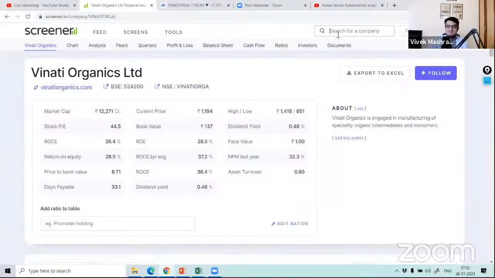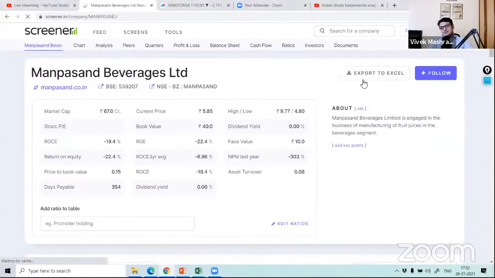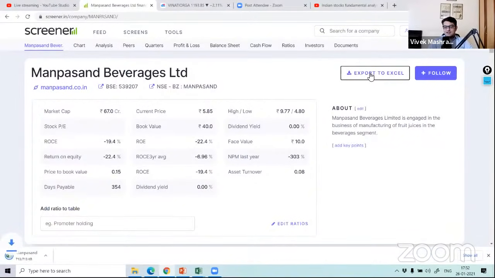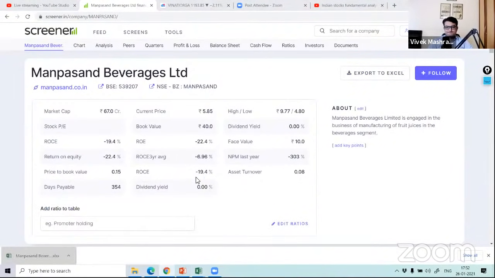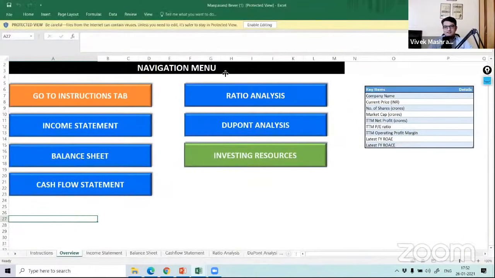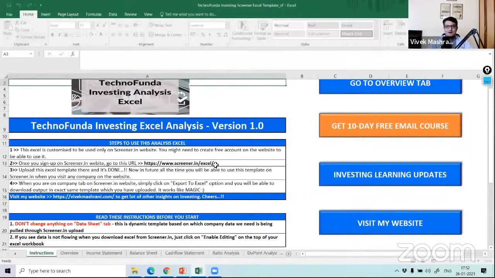Yeah, so let's take Manpasand Beverages. Manpasand Beverages, export to Excel. It will take some time to open. Hopefully it will open soon. I have so many devices connected, so it takes a bit of a while, but yes, the magic is here.